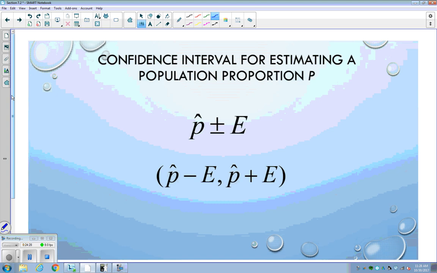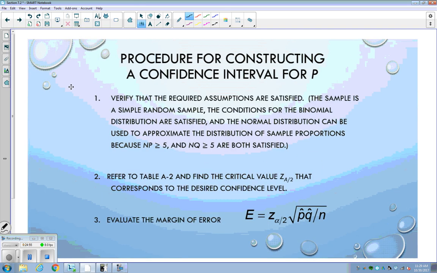If there was an interval that said, I'm just making this up, that would mean between 0.751 and 0.789. That would be another way to state a confidence interval.